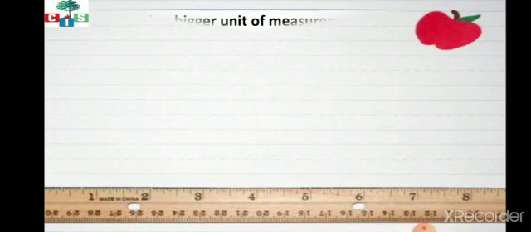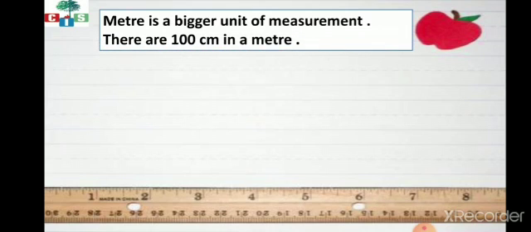Meter is a bigger unit of measurement. There are 100 centimeter in a meter. 10 millimeter equals to 1 centimeter. 100 centimeter is equal to 1 meter. Right?